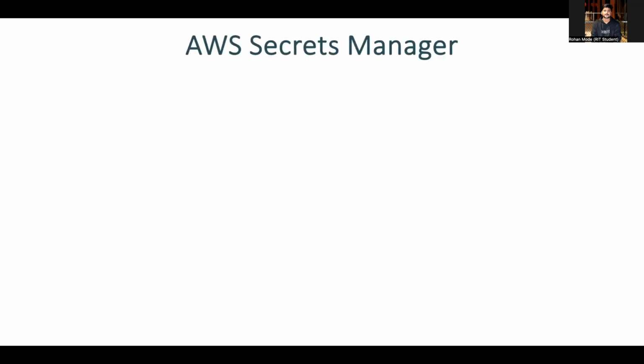So what exactly is Secrets Manager and why do we need it? Secrets Manager, in simple terms, is a secure vault in the cloud where you can store sensitive information like passwords, database credentials, API keys, or any other data you want to keep safe. Let's say you have built an application that connects to a database.